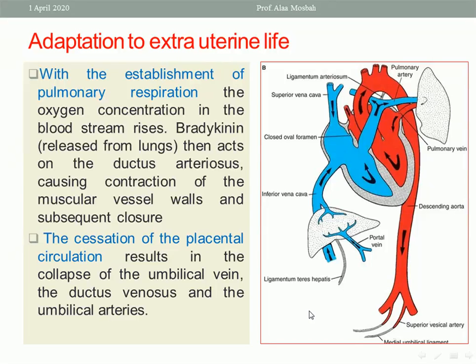So all these changes occur: cessation of the placental circulation, and at the same moment the pulmonary circulation works, and closure of the ductus arteriosus makes the left atrium pressure higher than the right atrium and closes the foramen ovale.